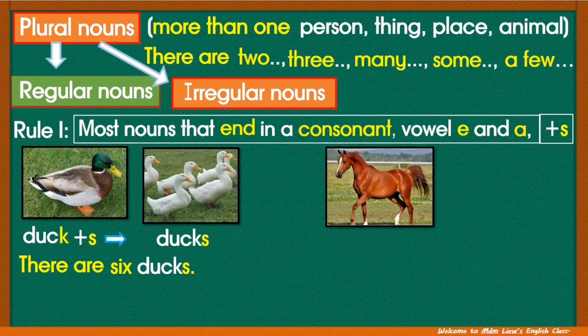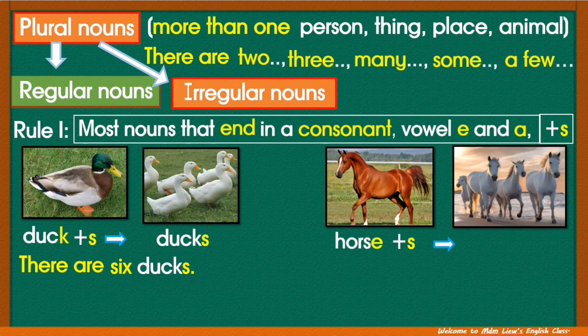What is this? Good, horse. The noun horse ends in the vowel E, so add S to make it plural, and it becomes horses. Now, to write the sentence in plural, begin with there are, followed by the quantity 4 and then the noun horses. There are 4 horses.